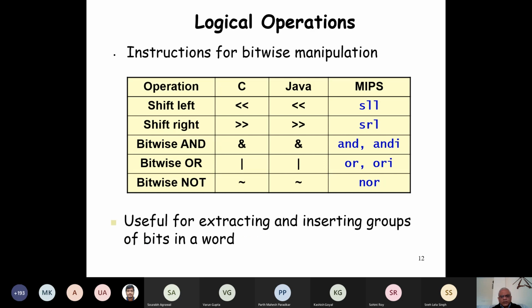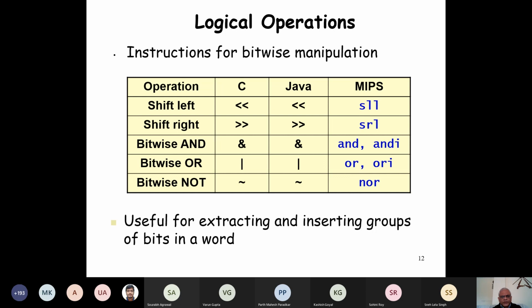Now, there are also the logical operations. Shift left logical, which is equivalent to the << operator in Java. C and Java have identical operators. You can observe here, right shift also, shift right logical, is the same operator in C and Java.